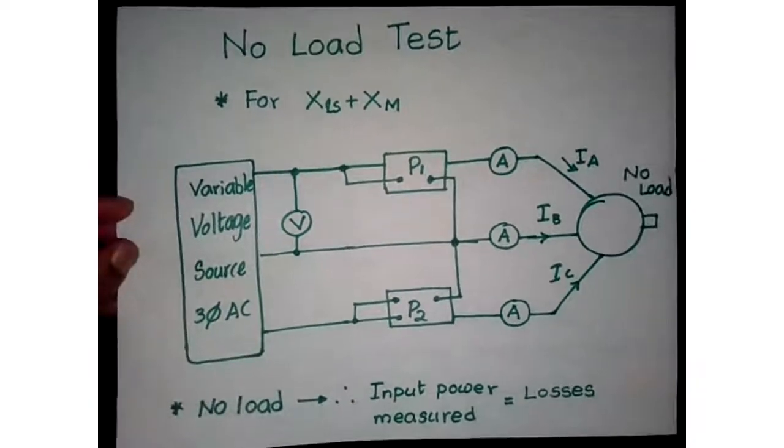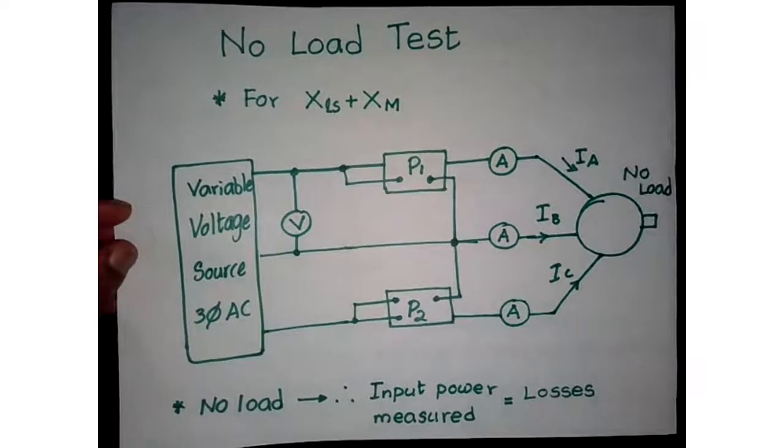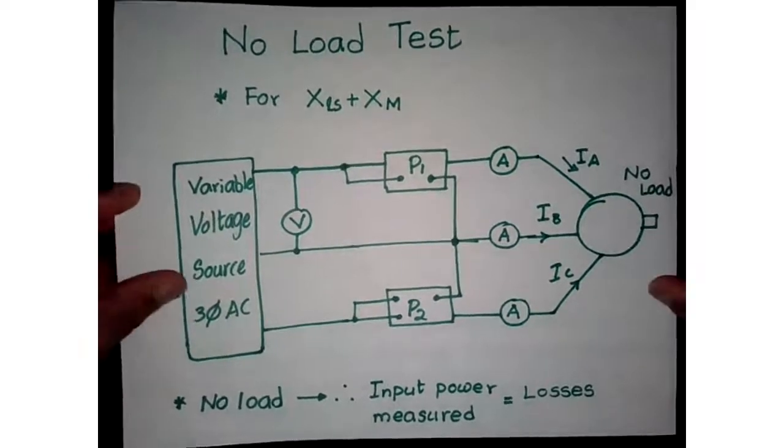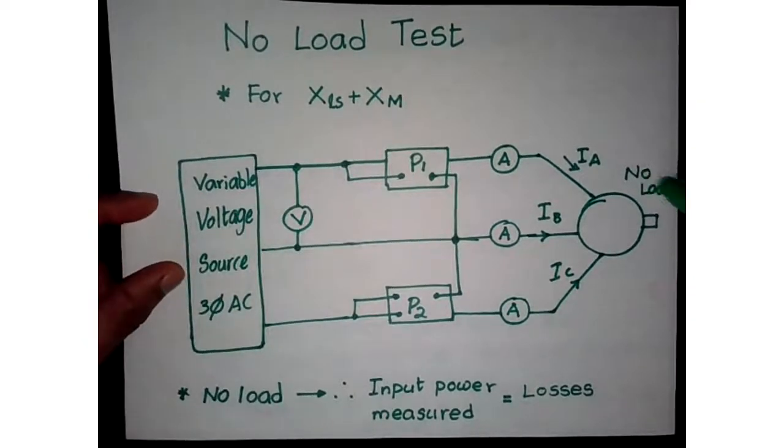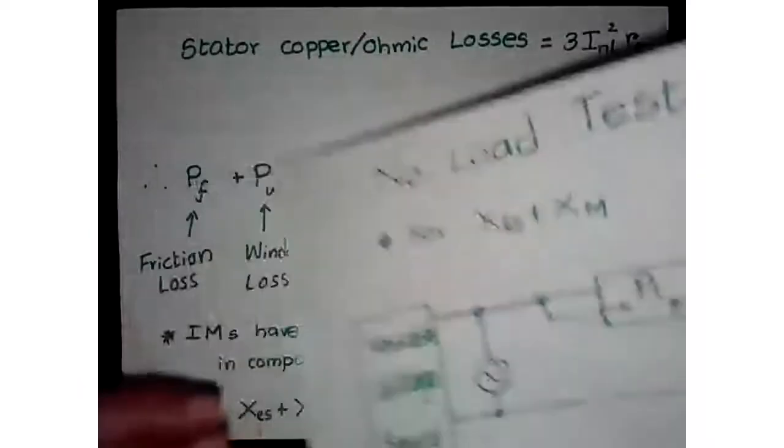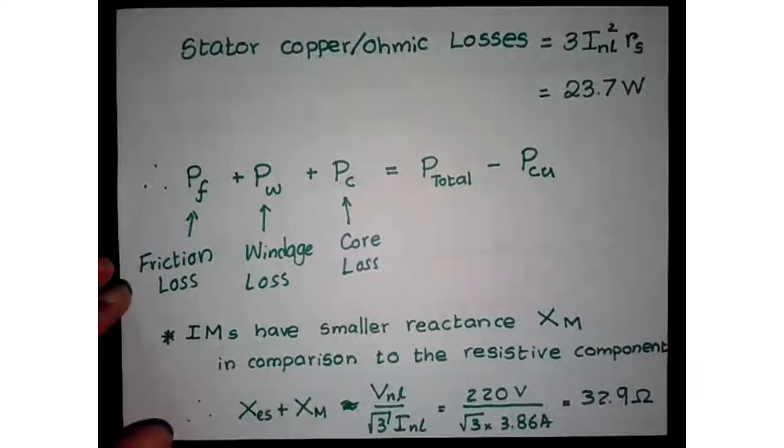And of course, on the mechanical side you will see some form of mechanical losses. Now keep in mind, there's no load on the shaft, which means it is going to be rotating at or close to the synchronous speed. So be very careful to stay away from the shaft when you perform this test.